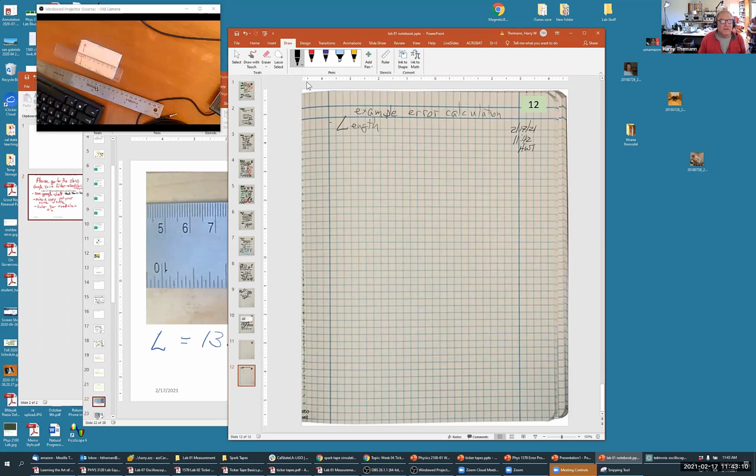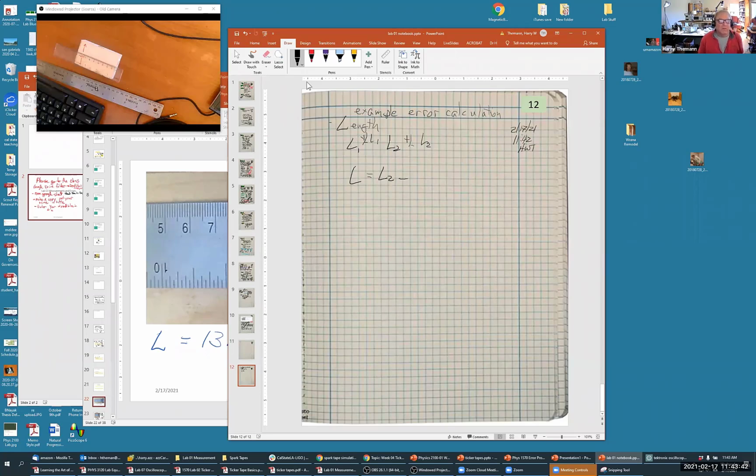So we determined the length by having an L1 and an L2, and they each had a plus minus. So we want to say, all right, if we say L itself is equal to L2 minus L1, great.